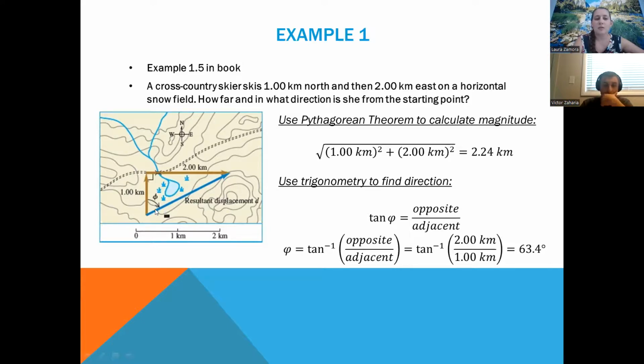So this angle would really be 63.4 degrees east of north, right? Because we were north, and now we're leaning towards the east by 63.4 degrees. Does that make sense? Angles are a weird thing to specify in physics. So there are our final 2 components of our answer.